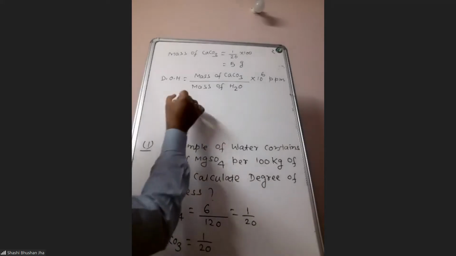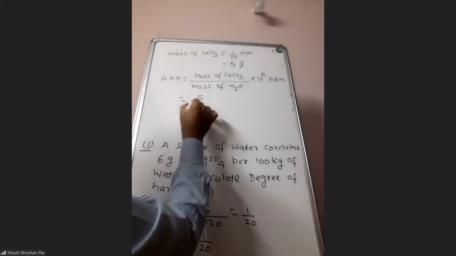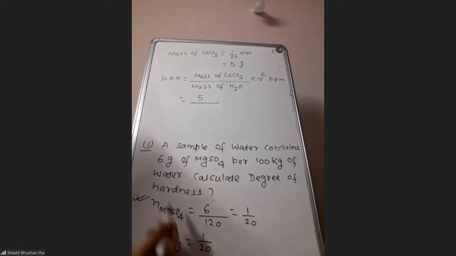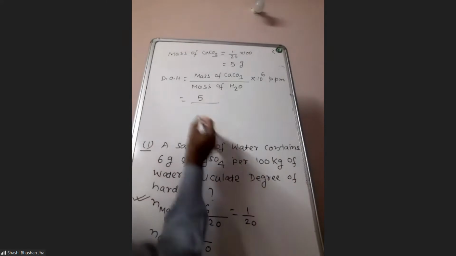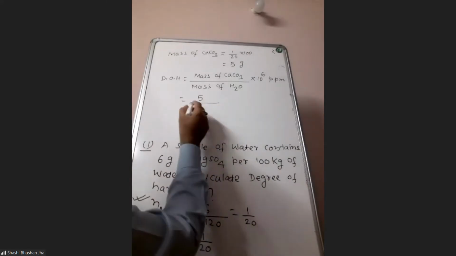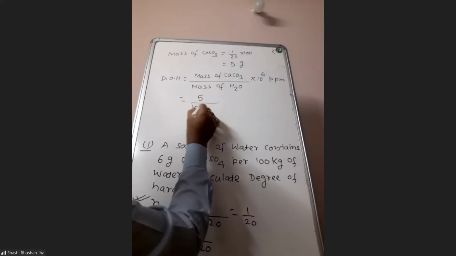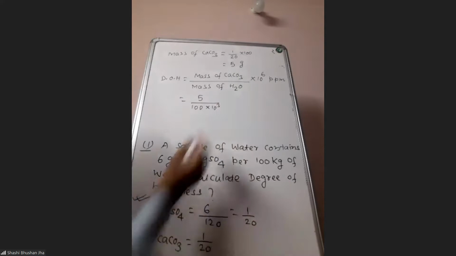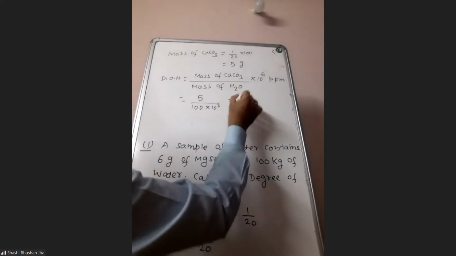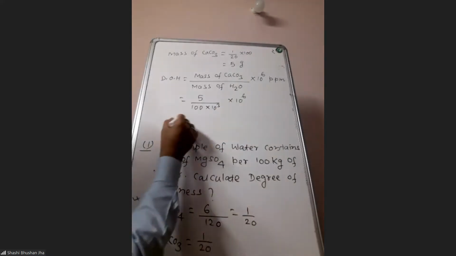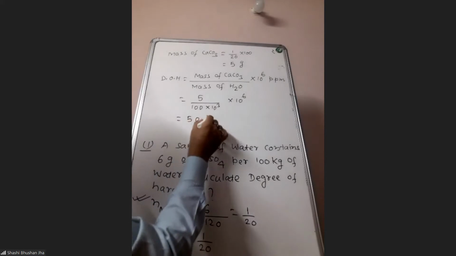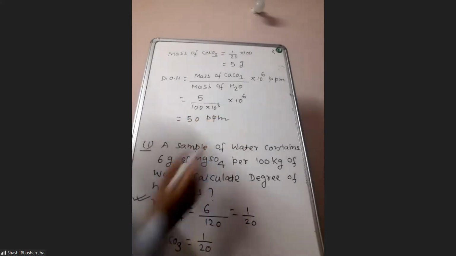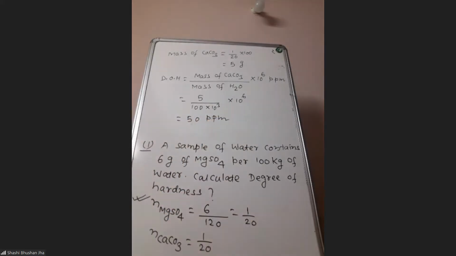So the mass of calcium carbonate is 5 and the mass of water is 100 kg, so it will be 100 into 10 to the power 3 gram, into 10 to the power 6. So it will come 50 ppm. So this way we calculate degree of hardness.